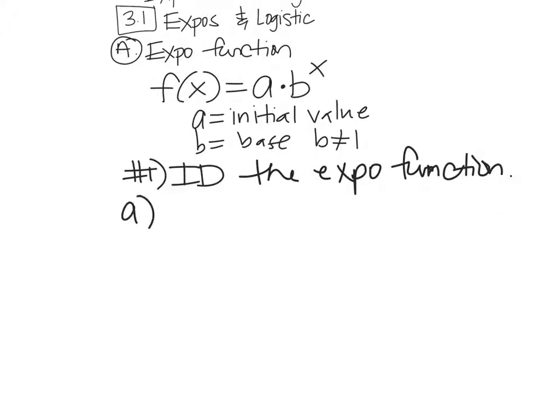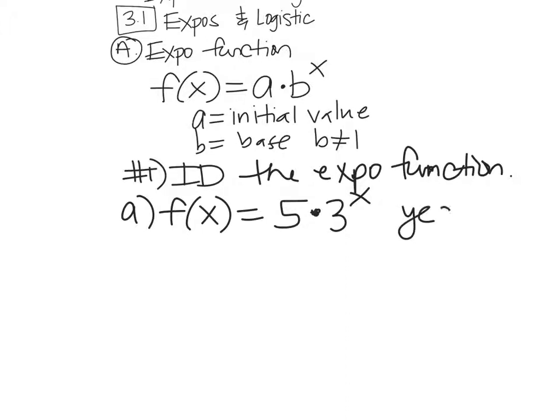Here we go. Suppose I have f of x equals 5 times 3 to the x. This is not to be confused with 15 to the x. That is not true. It's 3 to the x and then times 5, because you have to do exponents before you do multiplication. So this one right here is an exponential function.